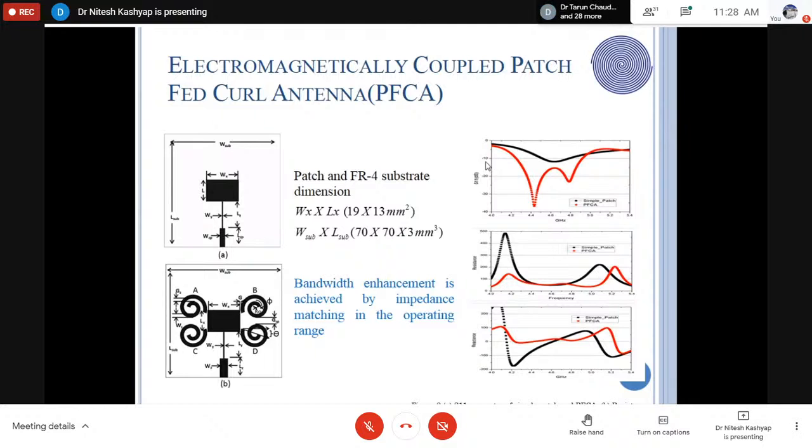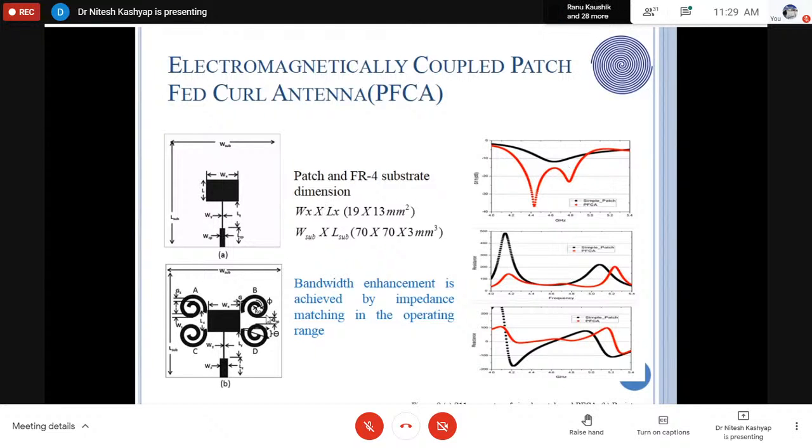As I told you, this is the reflection coefficient, and if I mention it in the positive manner, it will be the return loss. Okay, so here we can see that minus 10 dB, if it is a simple patch antenna, the performance is very weak, or it is narrow band.